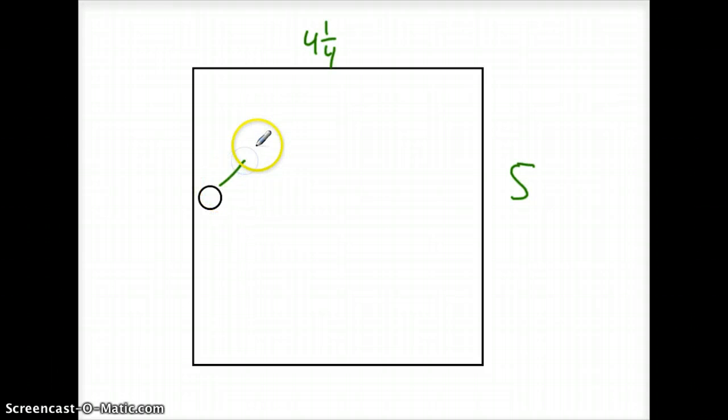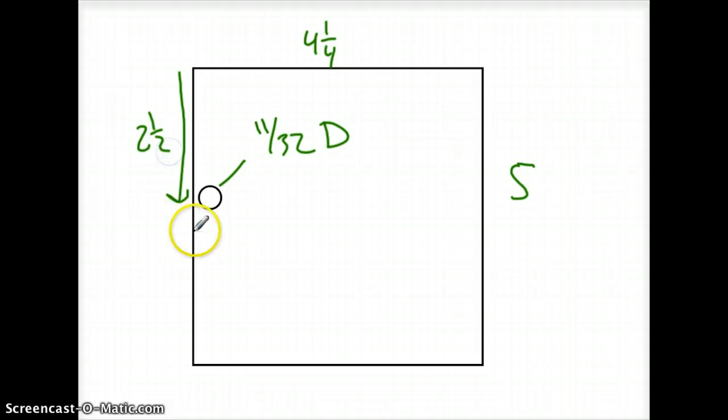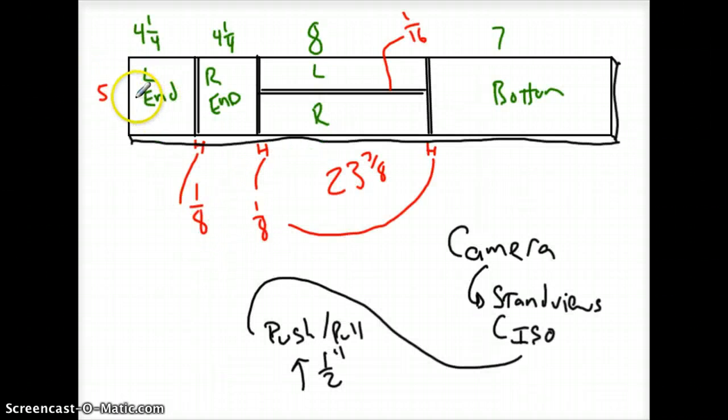This circle is an 11/32 diameter, and it happens exactly 2 1/2 inches over and down 1/2 of an inch on both left and right ends. So it's somewhere over here and somewhere over here.